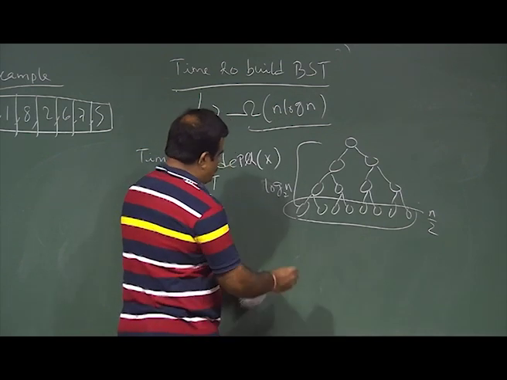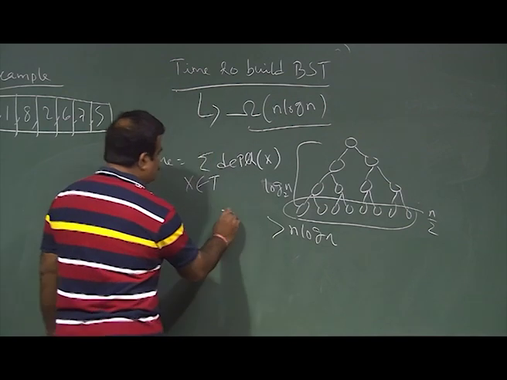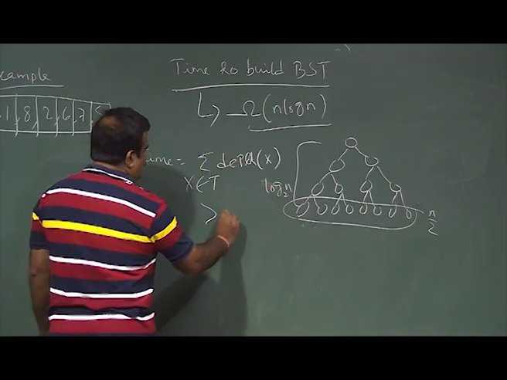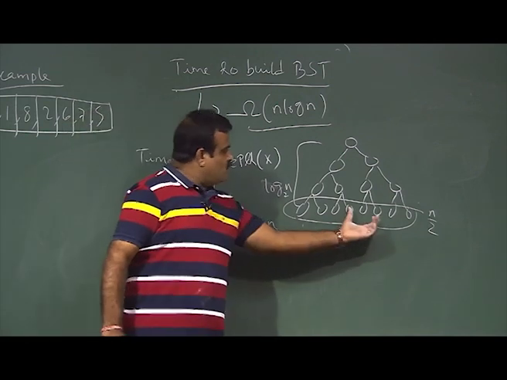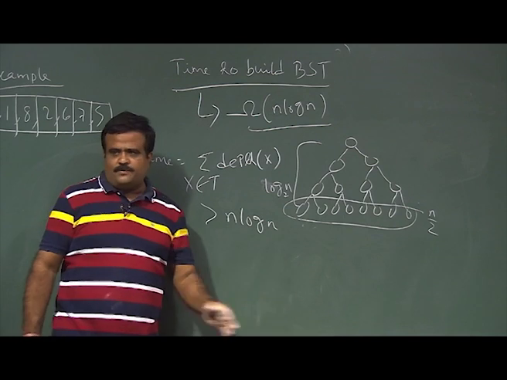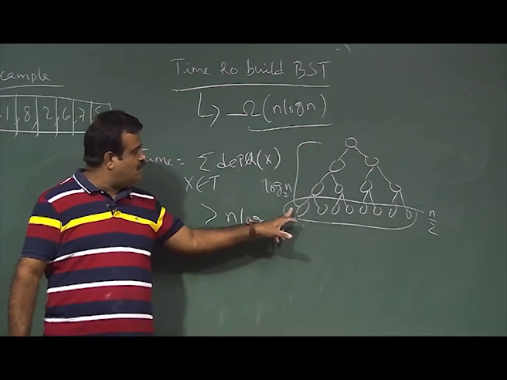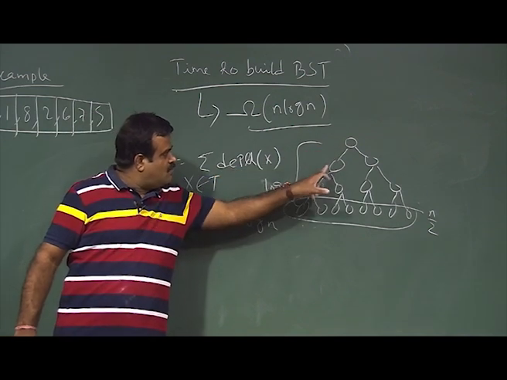So, time must be greater than n log n. This must be greater than n log n, because there are n by 2 nodes. At least for this node the depth is log n, so it had to compare with this node, this node.